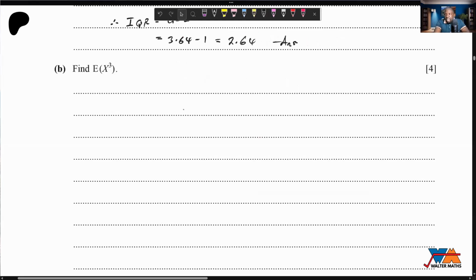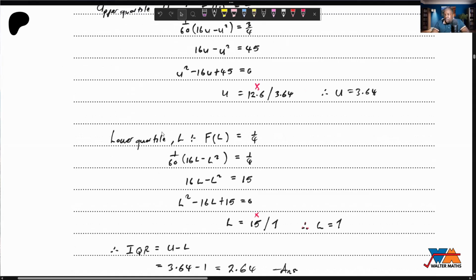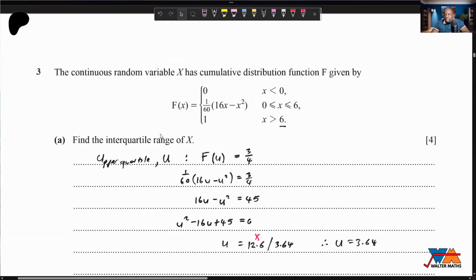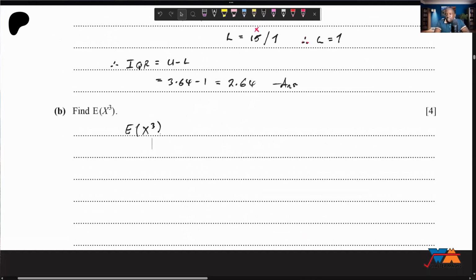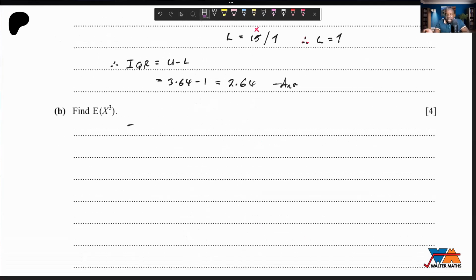On part B, they say we should find E of x cubed. In order for us to find that, we need to have the PDF. So let's start by finding the PDF. And we know that we find that through differentiation.